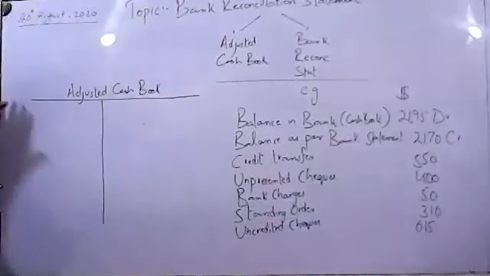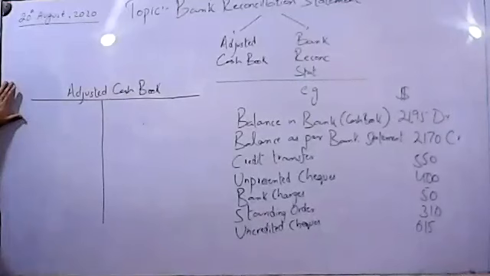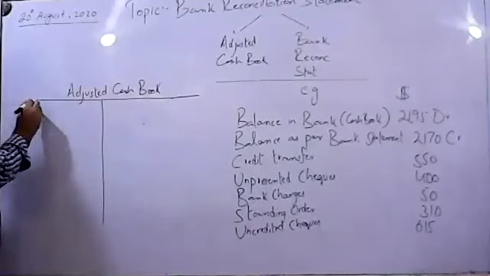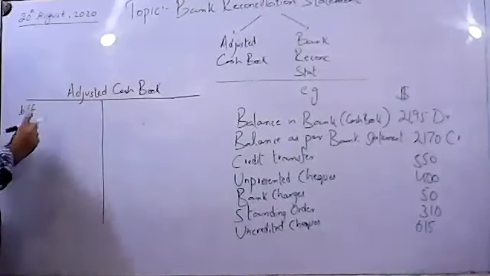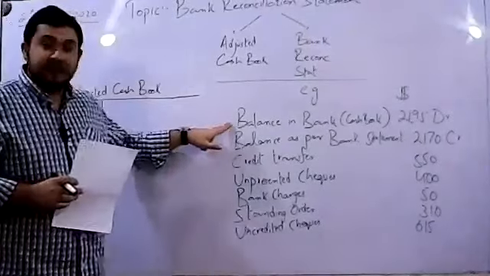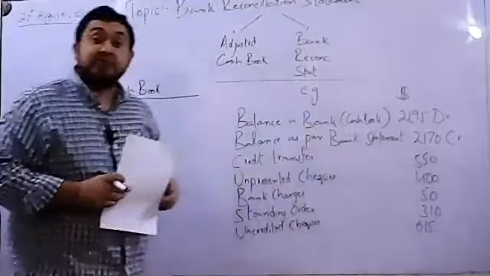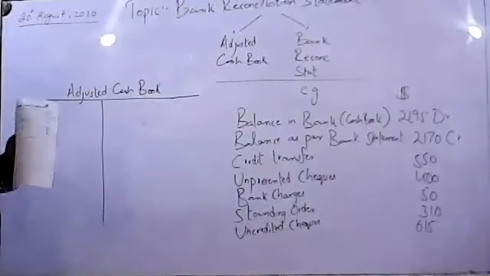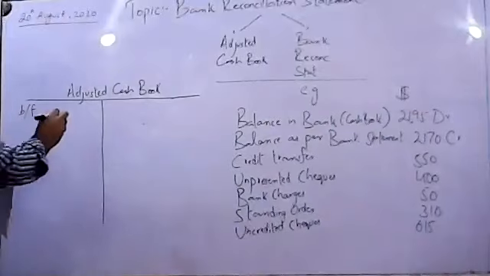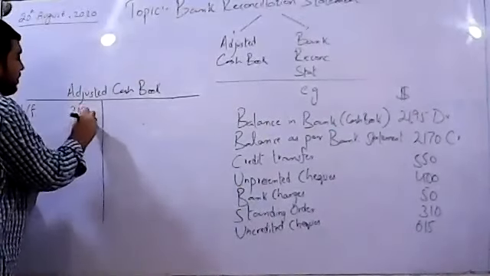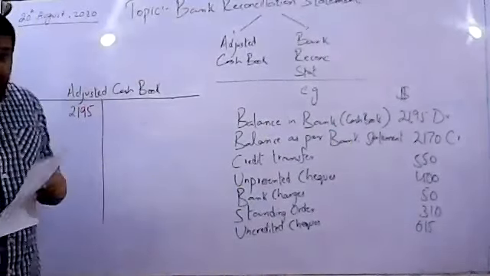Okay. Now, as far as the adjusted cash book format was concerned, we used to start it with a brought forward balance. This is the balance that is already there in the bank column of the cash book, that is 2195 debit. Now it is a debit balance. It is an asset, so its brought forward would be brought down on the debit side.